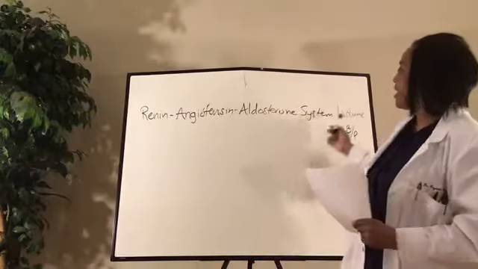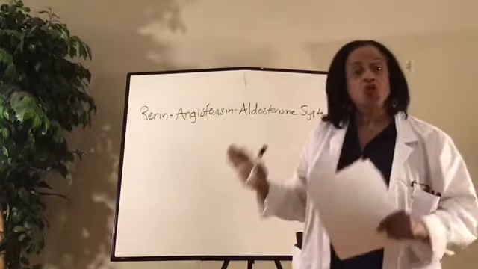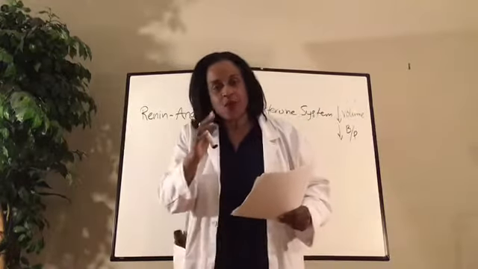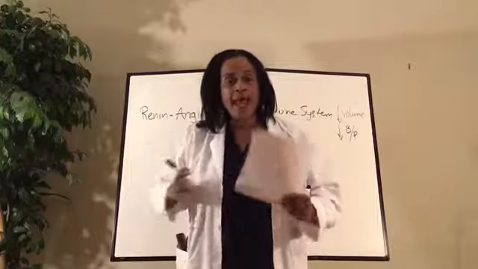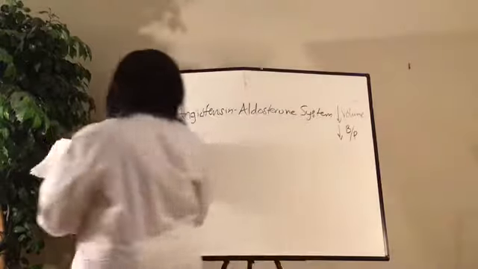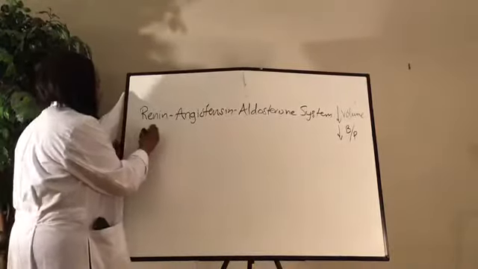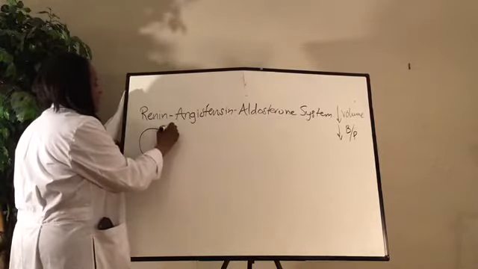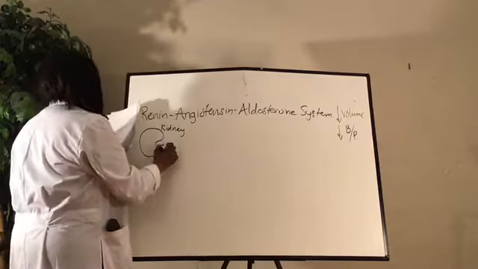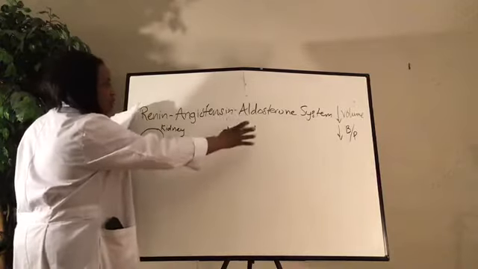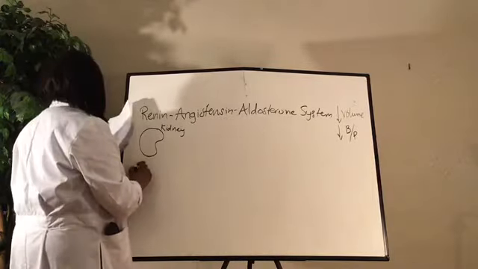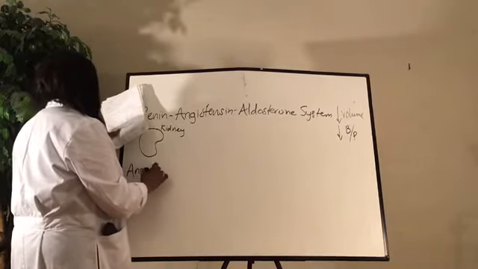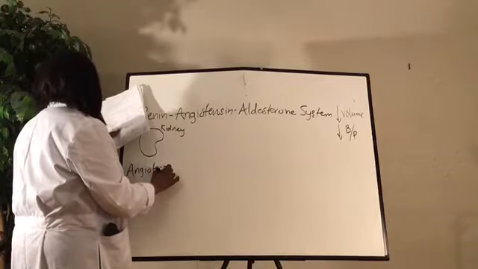So they could have a decrease in blood pressure. So when you lose volume, you can decrease your blood pressure. And let's see with this system what happens when that occurs. So let's draw the kidney. That is the kidney. And during times of low volume, low blood pressure, like we just mentioned, this system will kick in.